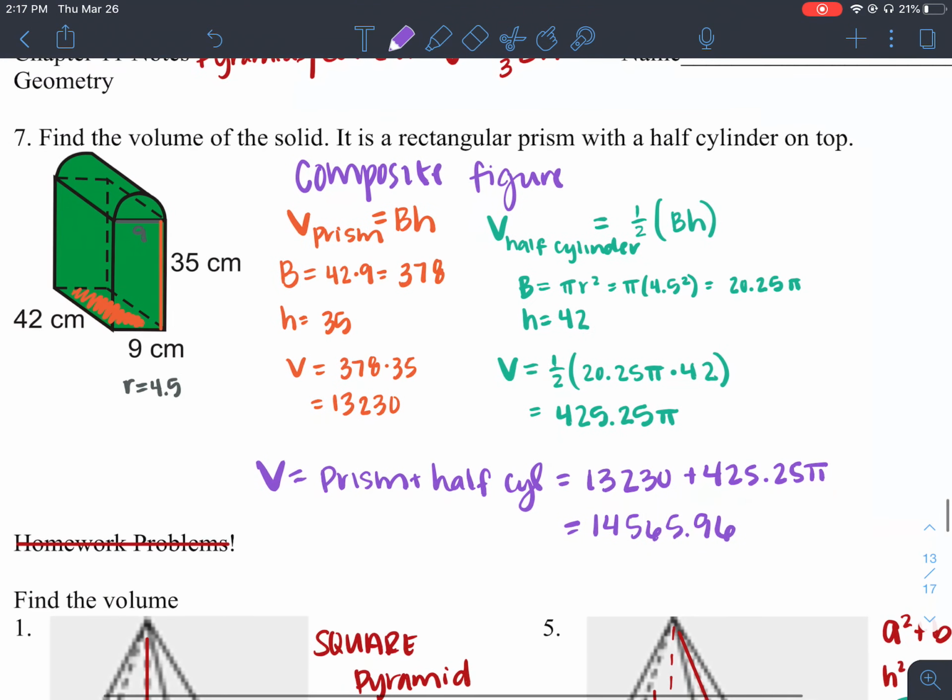And because this is a volume and I was given units, I want to give units back: centimeters cubed. And you can already see the vast majority of our volume came from the prism, not from the half cylinder on top. But that would be our total final volume.